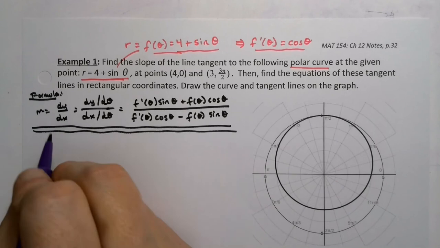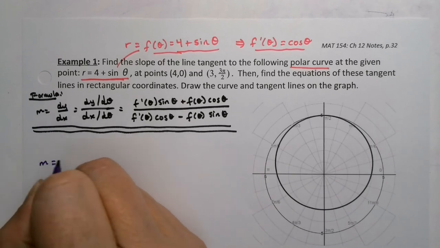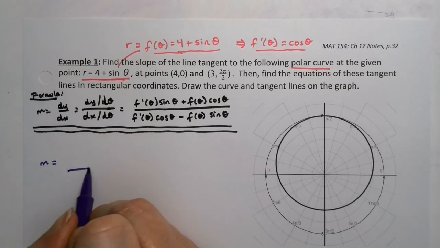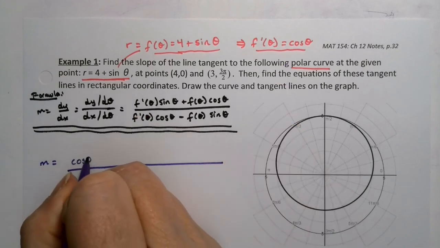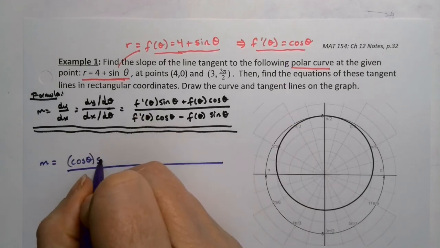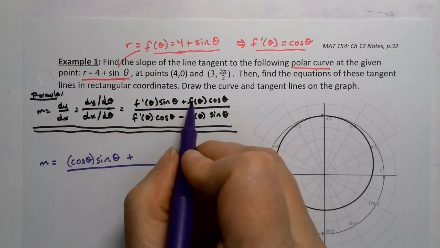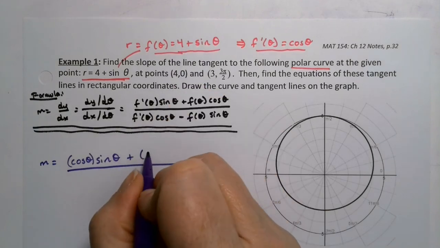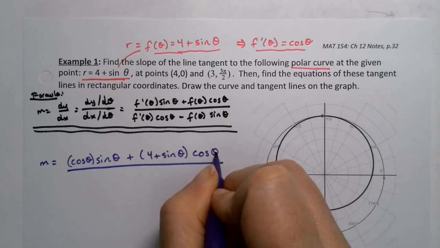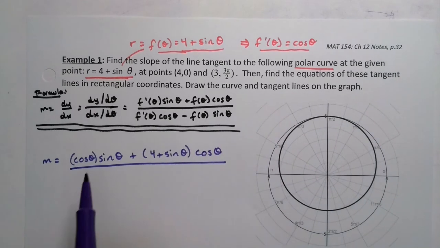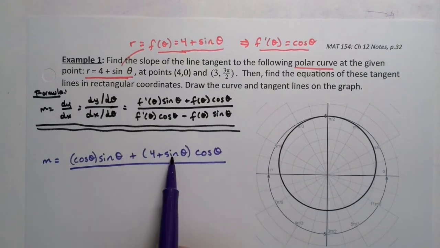Okay, so m is equal to a big fraction. F prime of theta, that's cosine of theta, times sine of theta, plus f of theta, which is 4 plus sine of theta, times cosine of theta. So this is f prime, this is f.